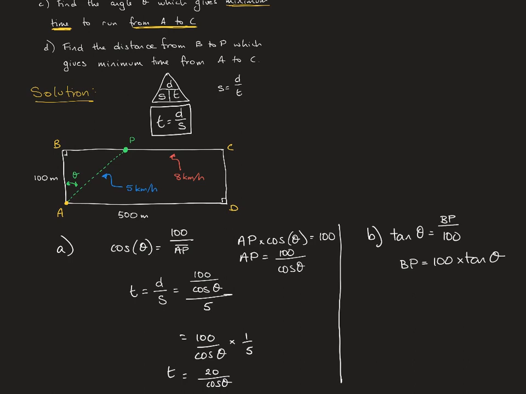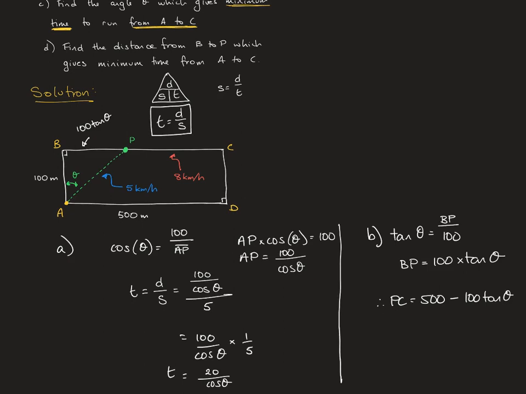That means that from P to C, the rest of the distance, is 500, take away 100 tan theta. That's our distance from P to C.